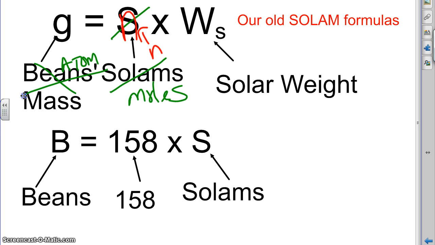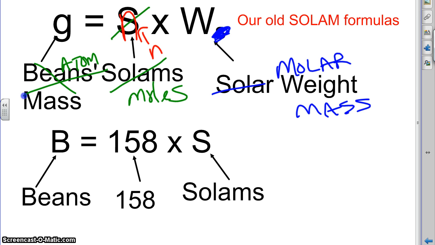And for SOLAM weight, we're going to use molar weight. Instead of mass per SOLAM, we're going to go mass per mole. So we tend to just label that with a capital W for the weight, or molar mass. I apologize for that. It seems like we should call it molar weight if we use a W. But this is the symbology used in chemistry.